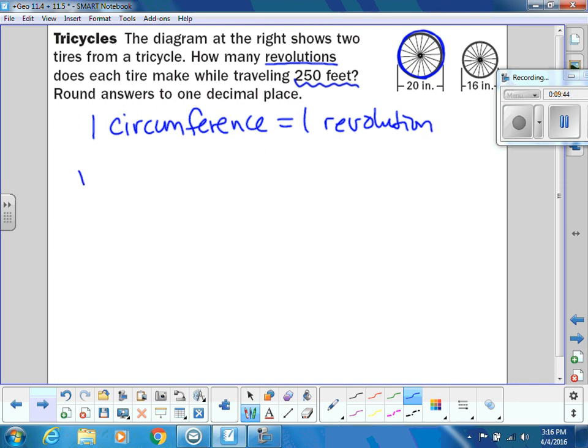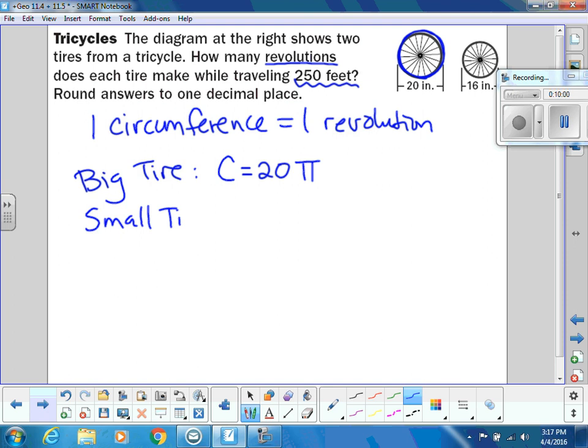Okay, so for the big tire, our diameter is 20, so our circumference is just going to be 20 pi. And then for the small tire, our circumference is going to be 16 pi.